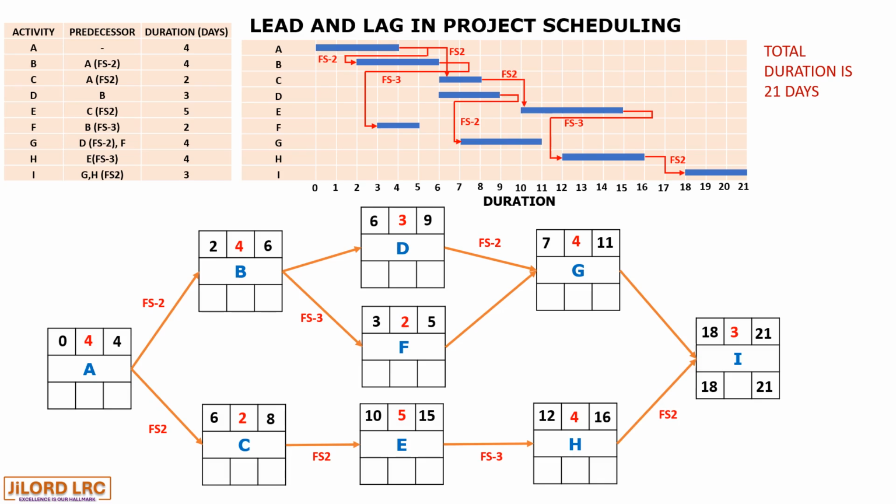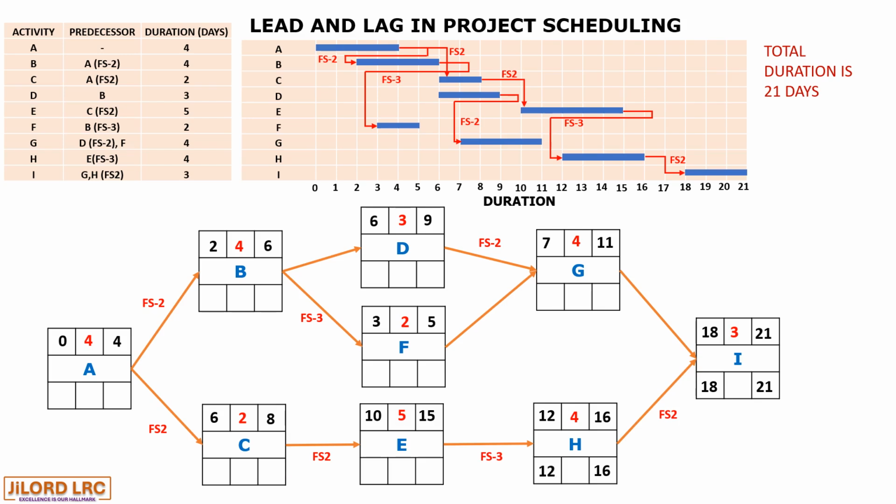So in this case, from activity I to H, we have a lag of 2, and therefore the late finish for activity H will be 16, and 16 minus 4 is 12.